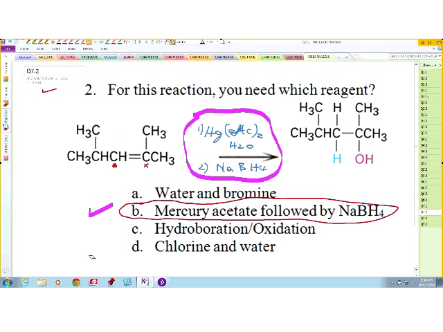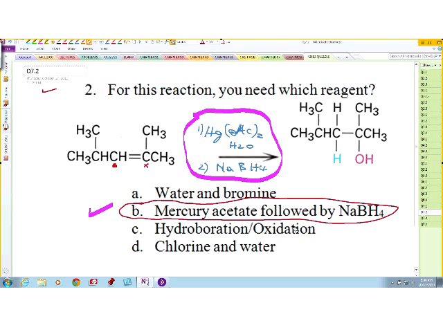It will add hydrogen and OH across a carbon-carbon double bond in an anti-Markovnikov fashion. You need to be able to say that. So only when you say that, then you understand what is going on. So this reagent here, C, hydroboration oxidation, adds hydrogen and OH across a carbon-carbon double bond in an anti-Markovnikov fashion.